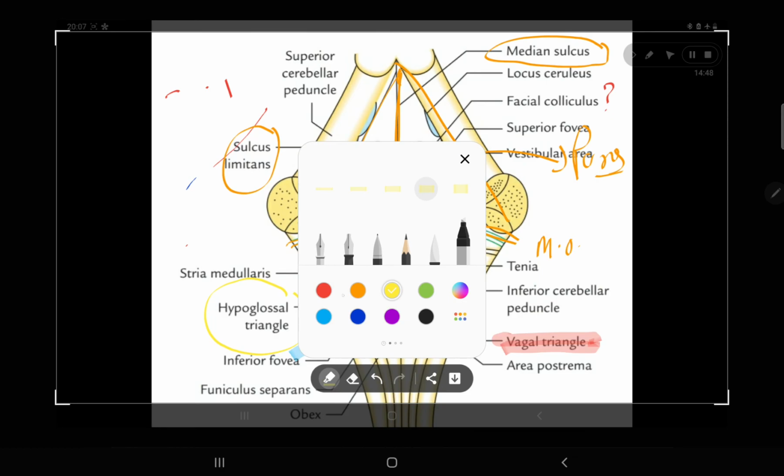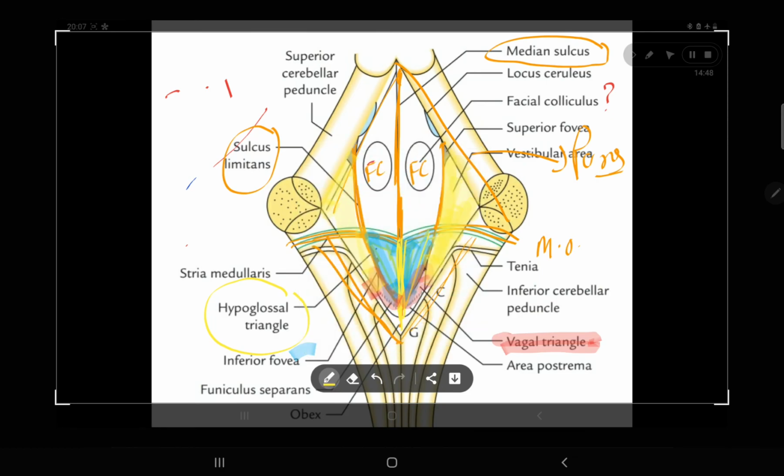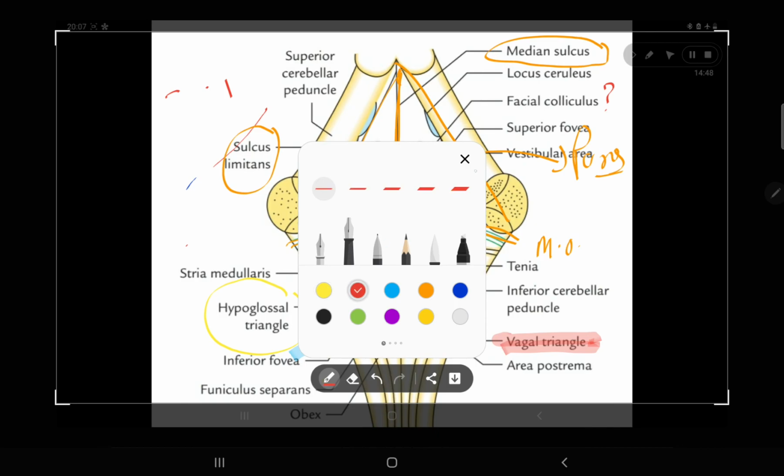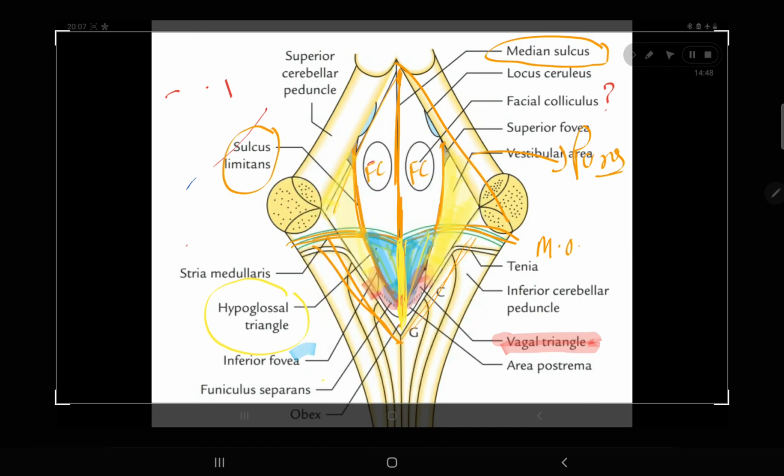Now you can see in medial medullary syndrome, which part of the floor of the fourth ventricle is compromised? Can you tell me? In medial medullary syndrome the hypoglossal triangle or hypoglossal nucleus is compromised.